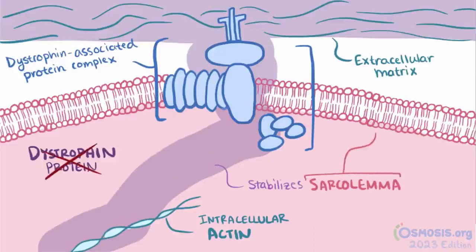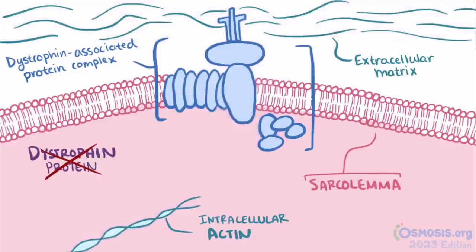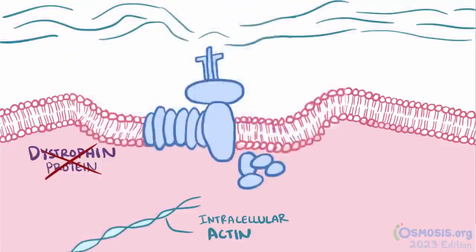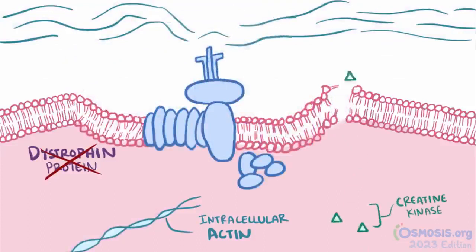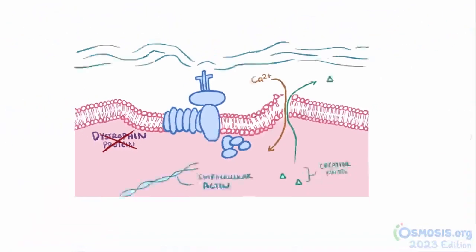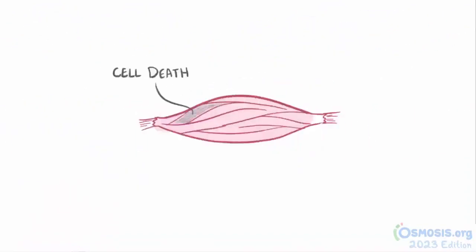Without the support of dystrophin in place, the sarcolemma essentially wilts and becomes unstable. Over time, cellular proteins like creatine kinase, or CK, start escaping the damaged cell, and calcium starts to enter the cell, and this ultimately leads to cell death.